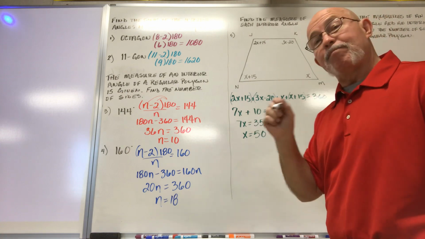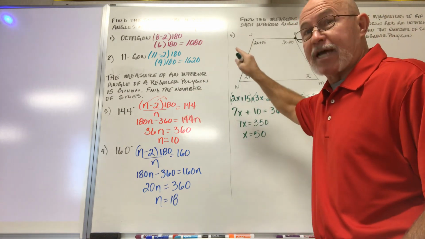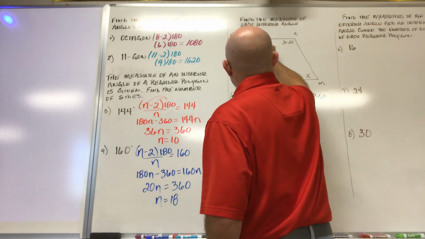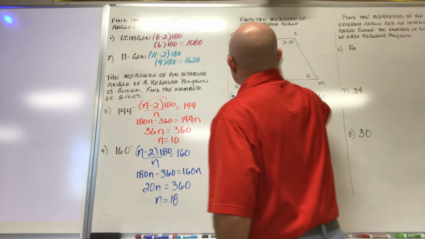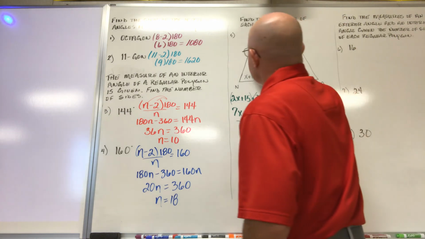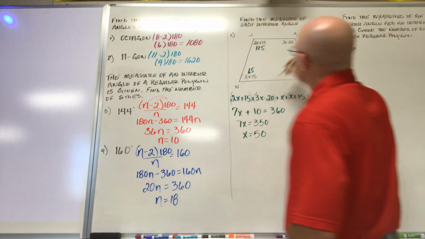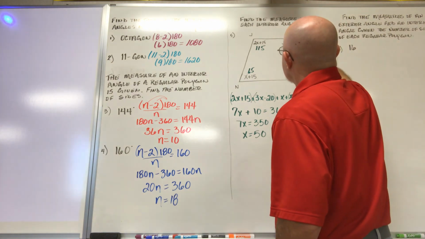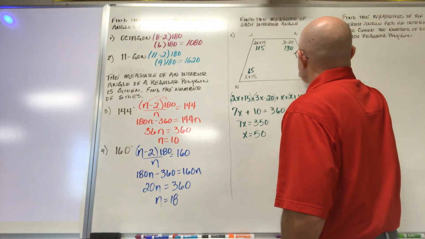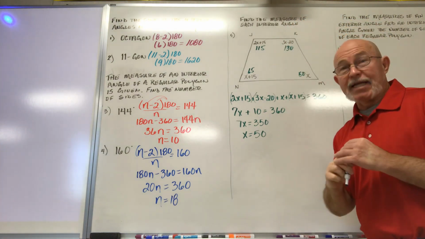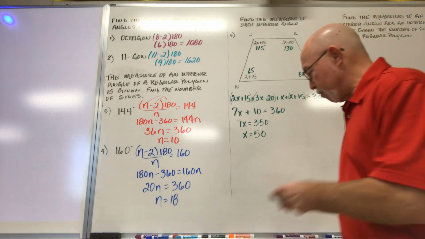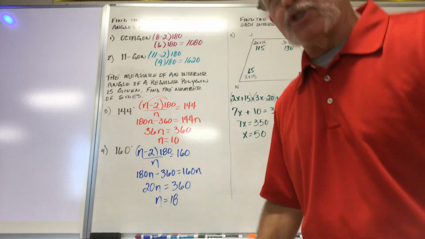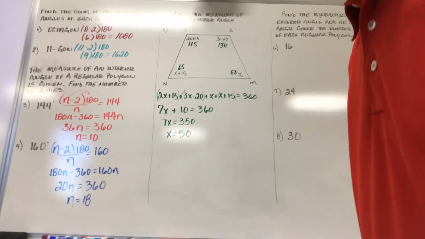Now we go back and substitute it in because it wants the actual measure. 2 times 50 is 100 plus 15. 50 plus 15. 150 minus 20. And that's how you do that type of problem. Find what the sum is. Use the sum to solve the problem.